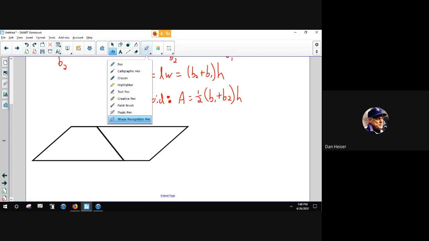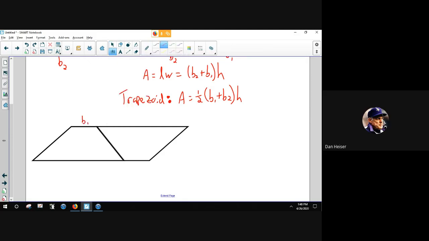But it still works because here's B1, B2, there's the height, B2, B1, and this height, recall, has to be true for the entire figure. No matter how far left or right I go, that height will not change because these two sides have to be parallel.